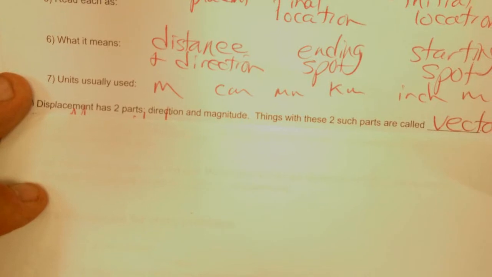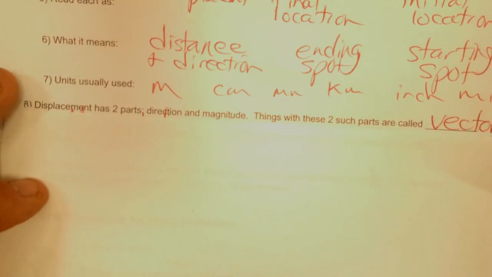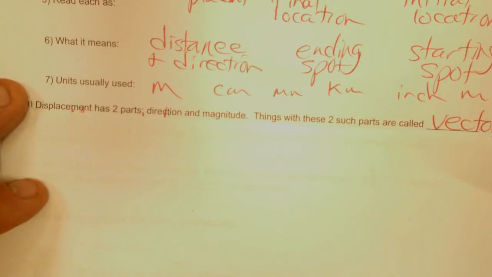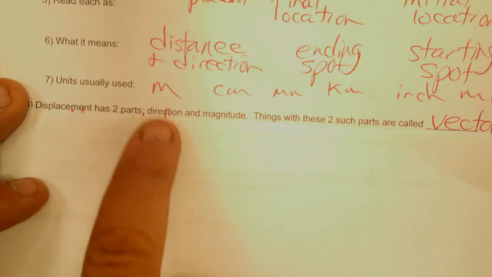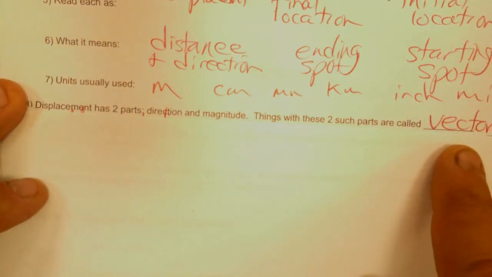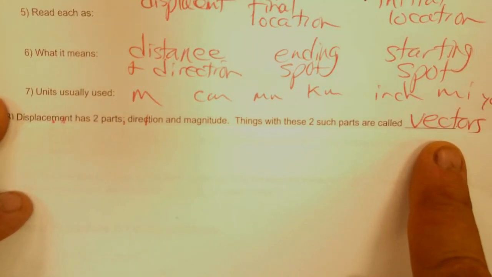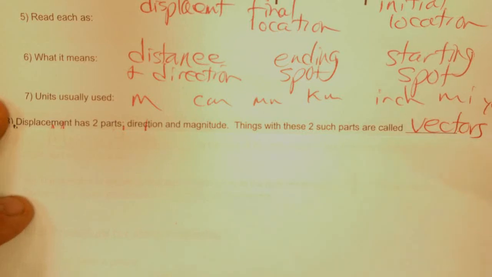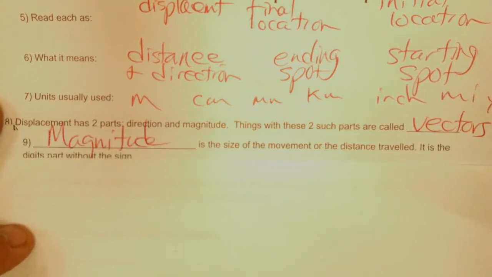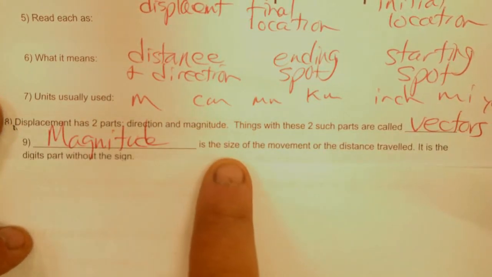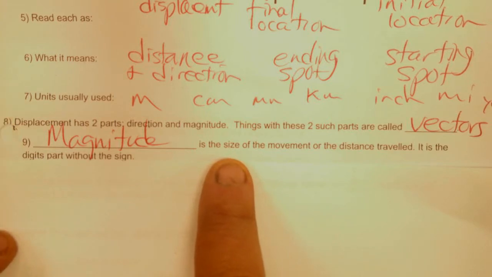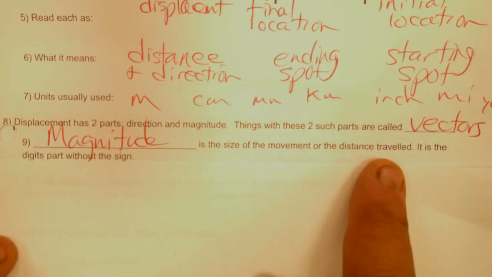Number 8, displacement has 2 parts, direction and magnitude. Things that have these 2 aspects, direction and magnitude, are called vectors, and there are a lot of different things, not just displacement, that's a vector. Magnitude is a fancy word for the size of the movement, how far the thing travels, the distance traveled.